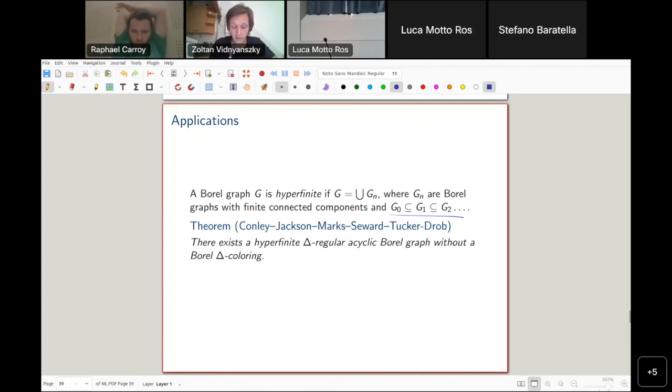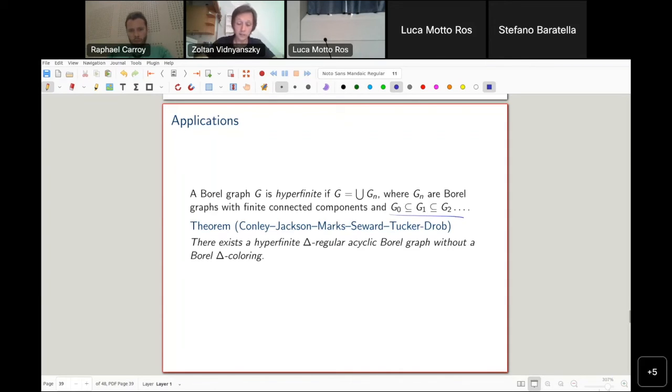And there was this result of Conley, Jackson, Marks, Seward, and Tucker, where they proved that hyperfiniteness doesn't really help with Borel combinatorics. Even if your graph is hyperfinite, you can have a large chromatic number. You cannot solve some combinatorial things; there is no analog of the Lovász local lemma, etc.